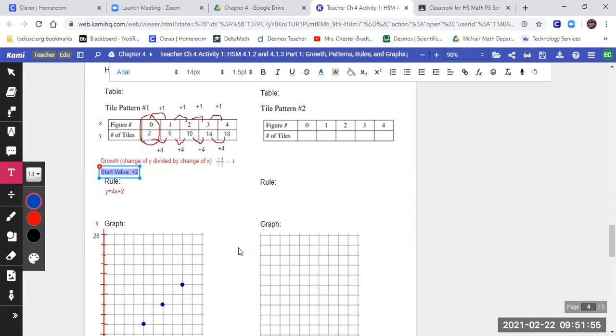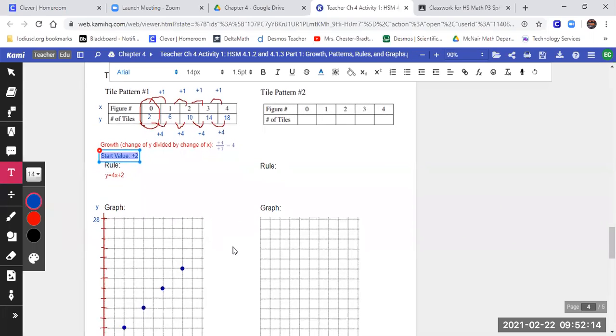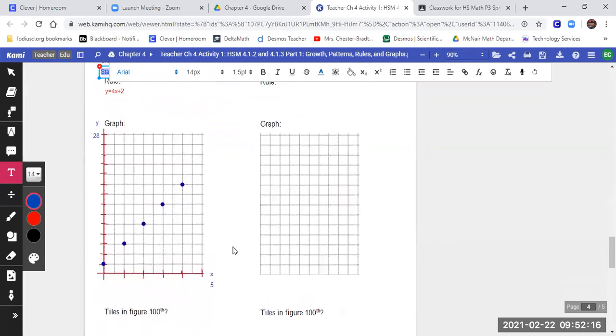Is it possible to have 3.6 tiles? Remember, we only connect when we have ones that can be parts. Is it possible for there to be parts? That's how we always stop and think. So can we connect these? No, because we can't have parts of.